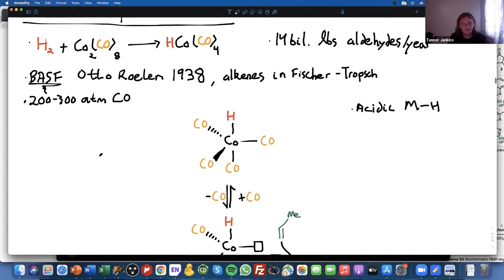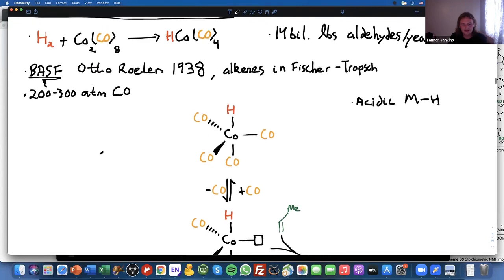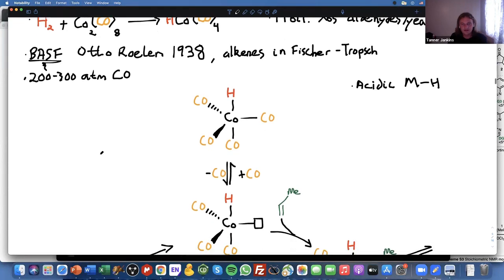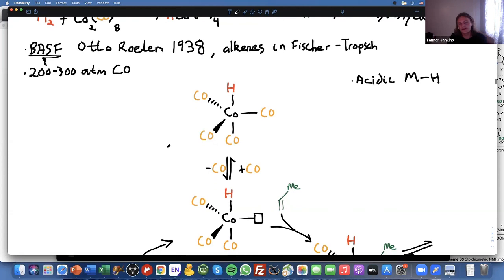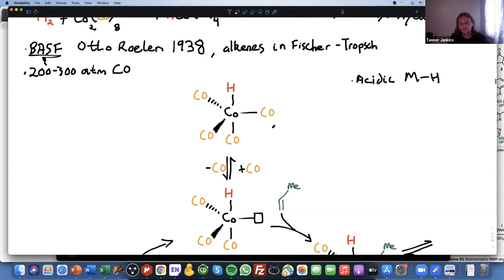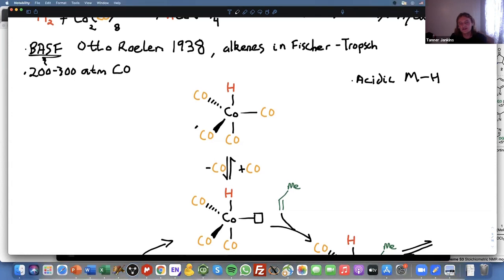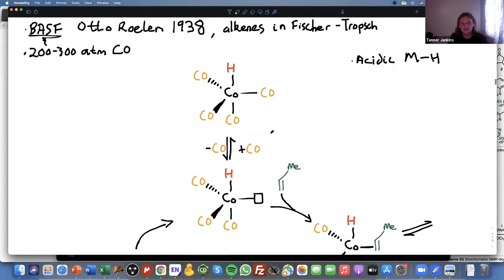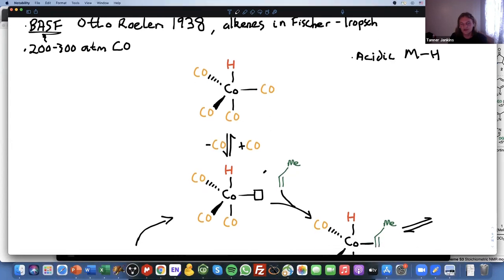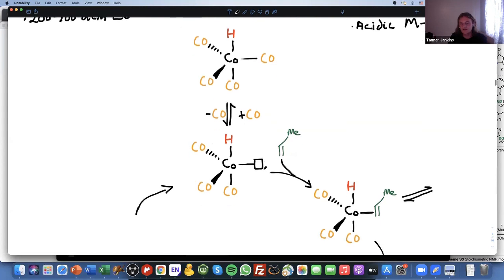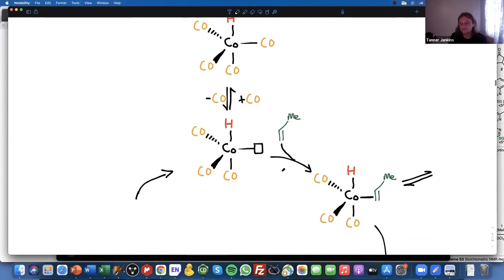And so what the catalytic cycle looks like for the cobalt catalyzed hydroformylation is first, after the bimetallic oxidative addition to form the monometallic cobalt hydrides, you will dissociate an equivalent of CO to open up a coordination site, which will allow you to bring in an alkene here.